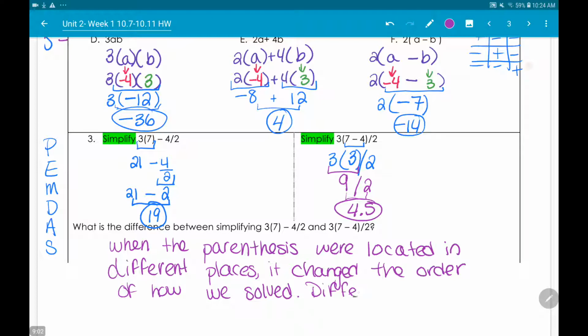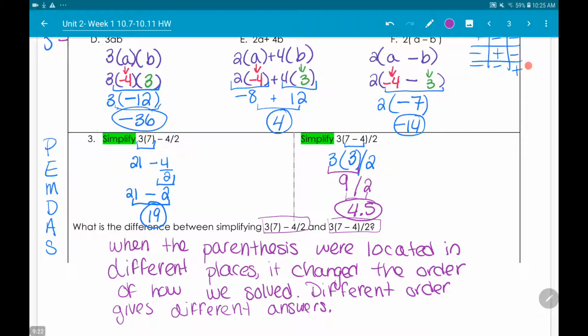Different order gives different answers. Okay, so even though these numbers were the same, I can see that the parentheses were different, and that changed my answer.